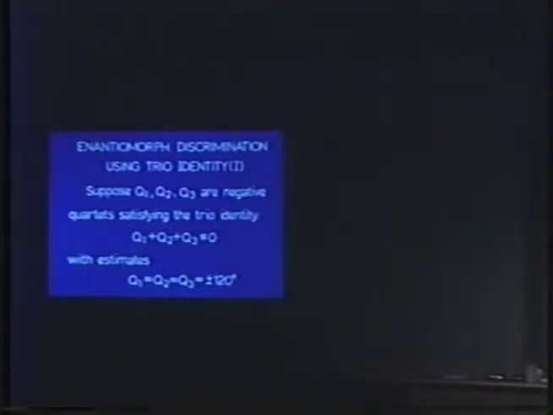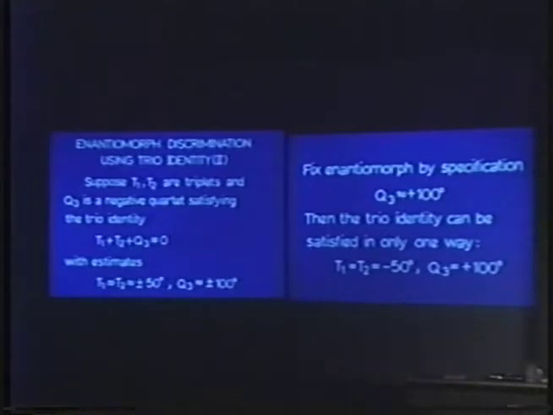And finally, I'll say a few words about the second trio identity, which uses two triplets and a quartet. The sum of the two triplets plus the negative quartet must be identically 0 if these structure invariants are suitably chosen.